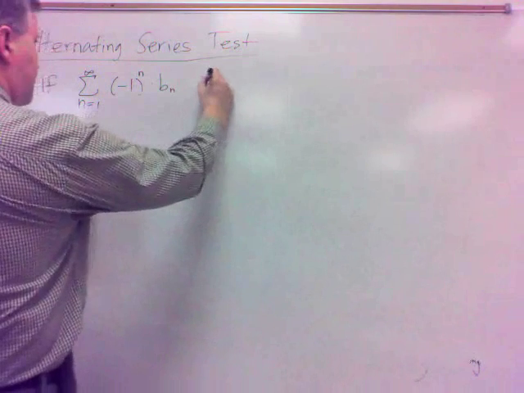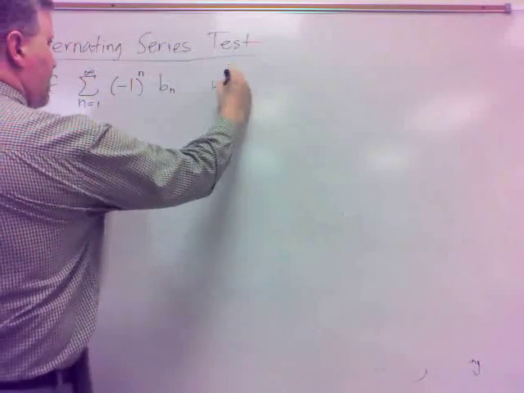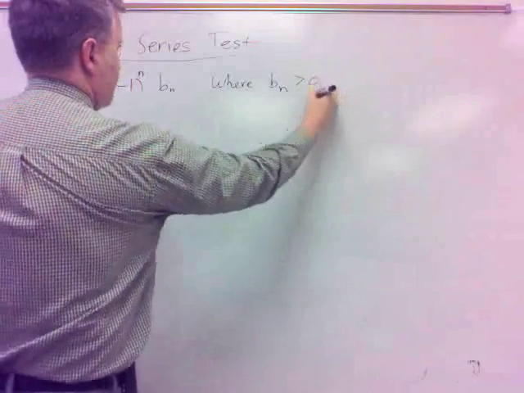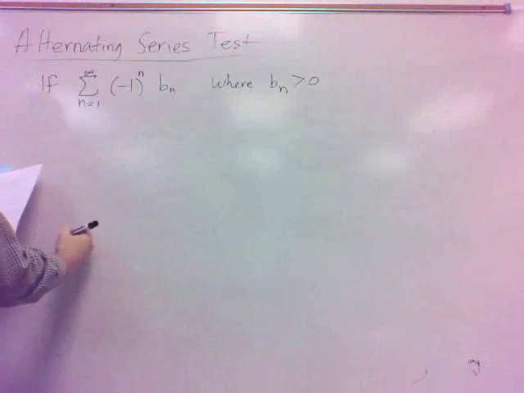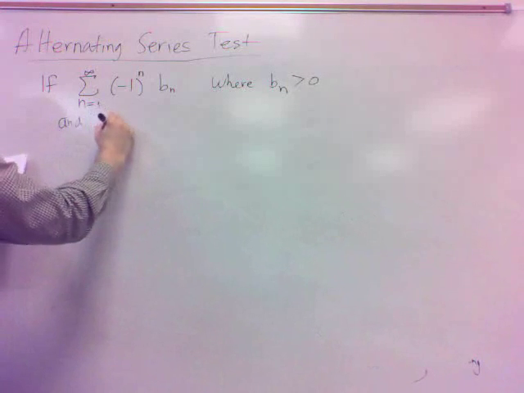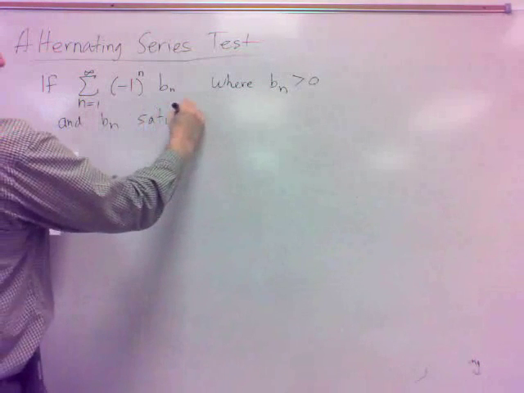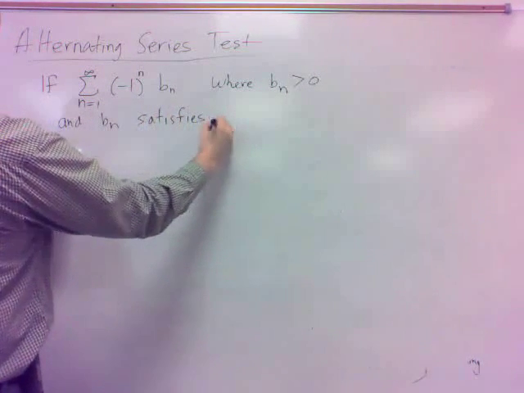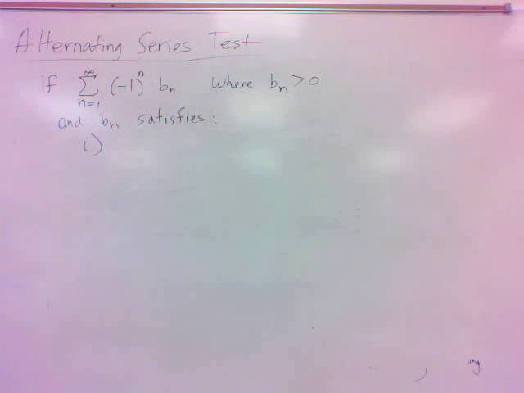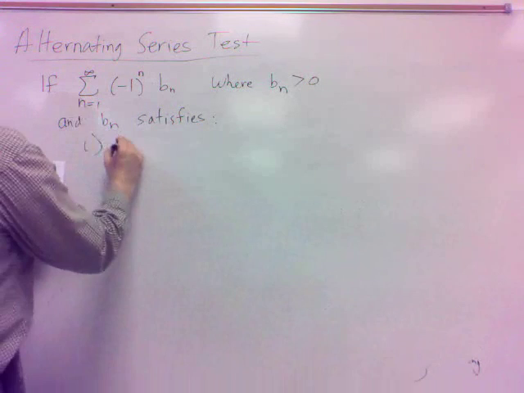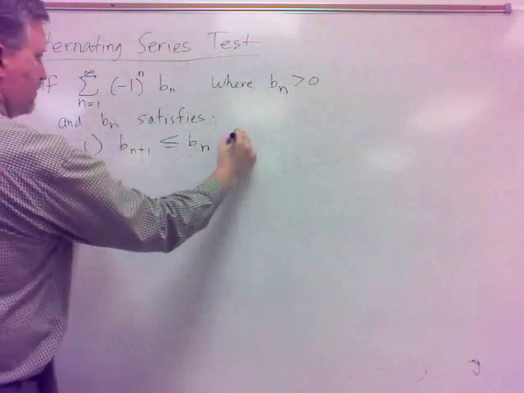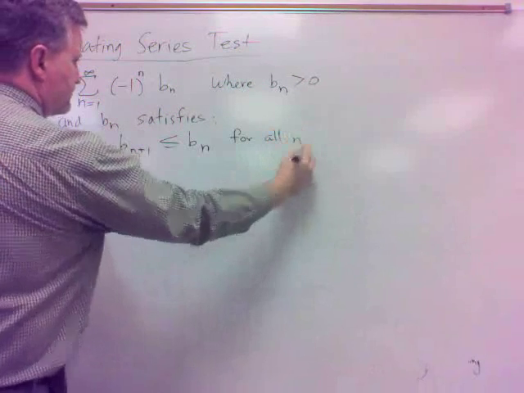So if that's what we've got, where the b sub n is greater than 0 and satisfies the following criteria. Number 1, b sub n plus 1 is less than or equal to b sub n for all n's.